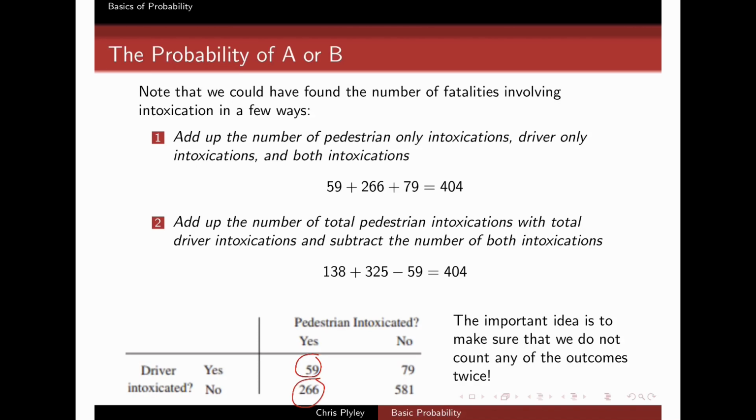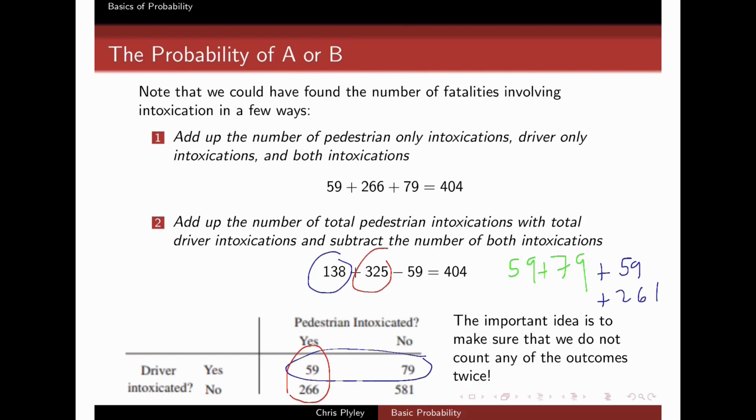But another way we could have done it is we could have taken the probabilities that we knew. Remember, we knew that we had 138 cases of driver intoxication. That's the sum of these two numbers here. And we could have taken our number of cases of pedestrian intoxication, which is the sum of these two numbers here. But notice that if I did that, 138 plus 325, what I'm really doing is I'm saying, okay, let me take 59 plus 79, that's my 138, plus 59 plus 266.